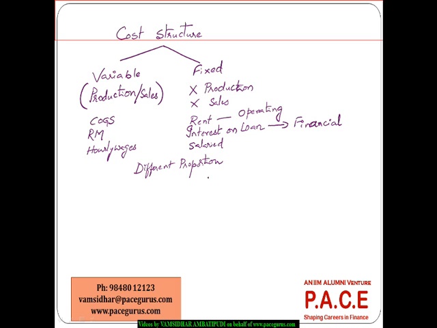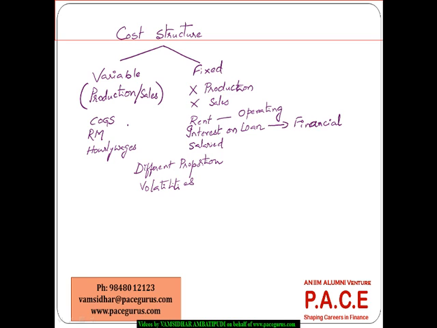So depending on the mix between the variable and the fixed, companies will be exposed to different levels of leverage and associated with different kinds of volatilities as far as their earnings are concerned. So examining the cost structure of the firm is very important from that dimension.